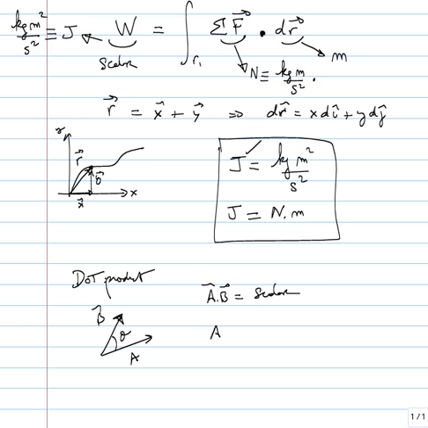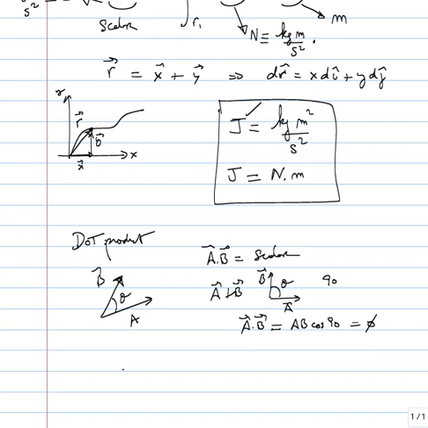Let's imagine that A is perpendicular to B, and in this case the angle between the two vectors is 90 degrees. Therefore, the magnitude of A dot B is AB cosine 90, which will give us 0. So remember that when two vectors are perpendicular to one another, the dot product will give us 0.